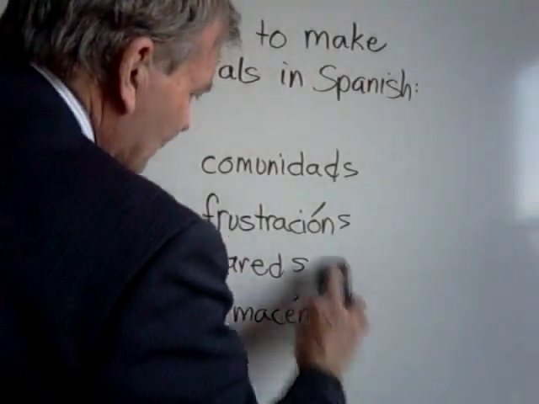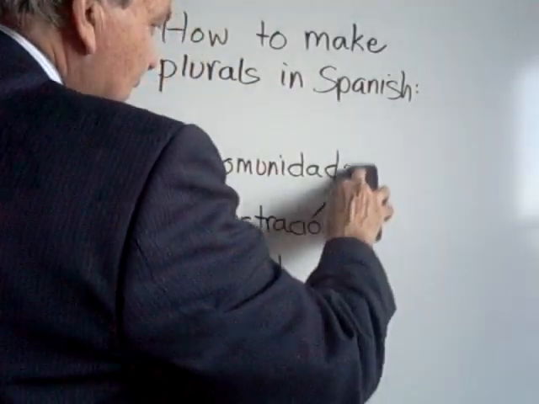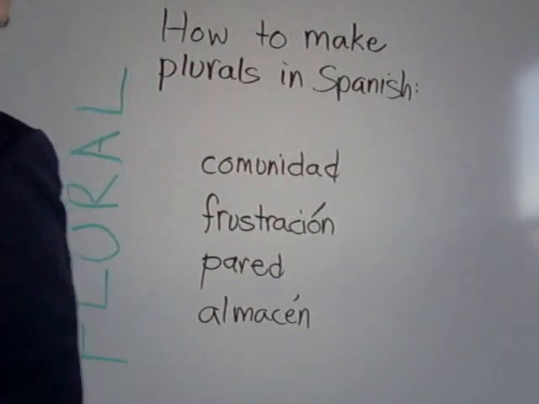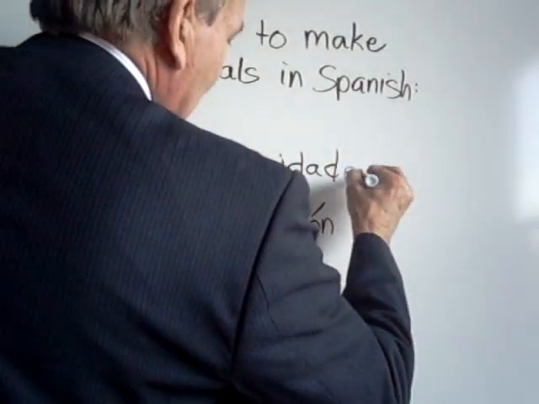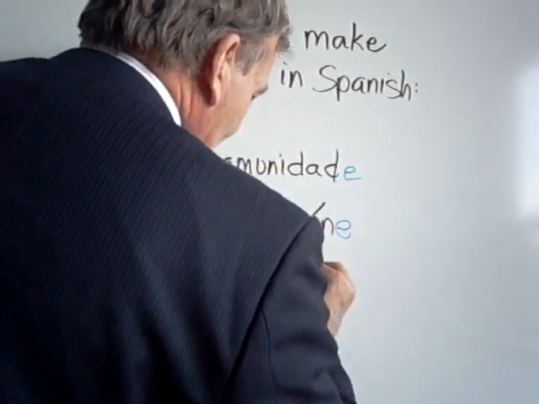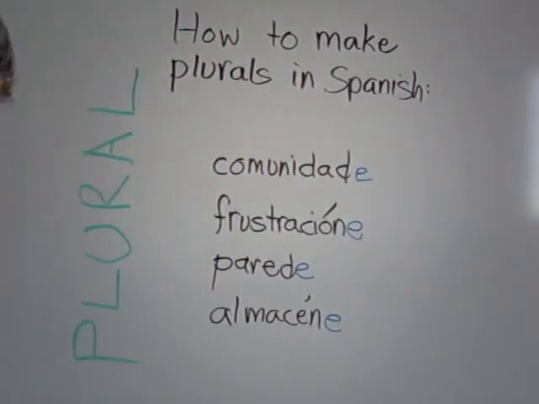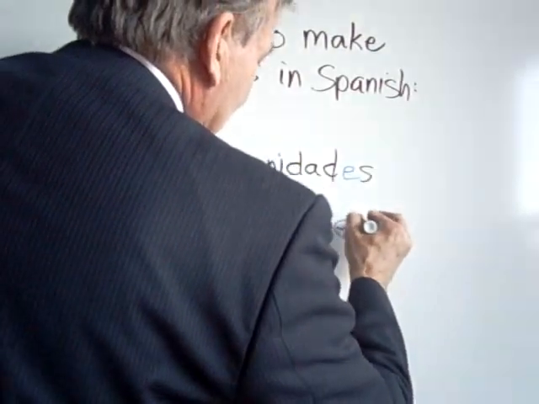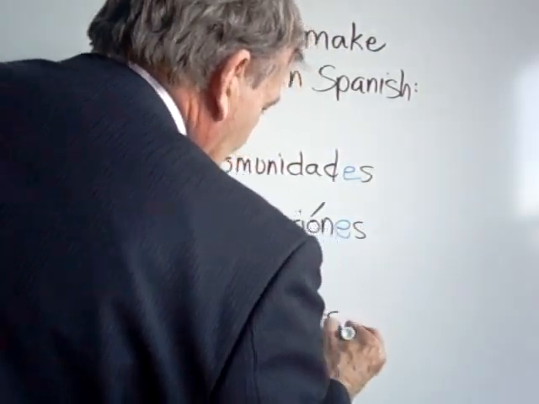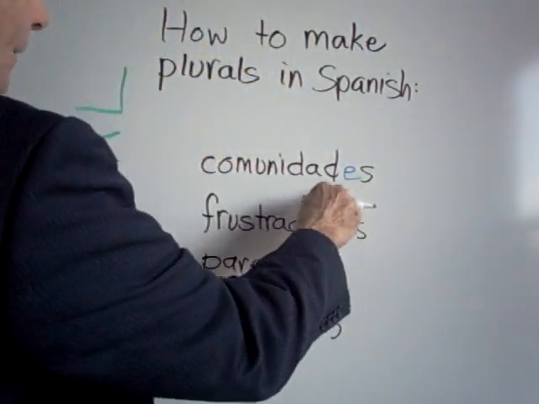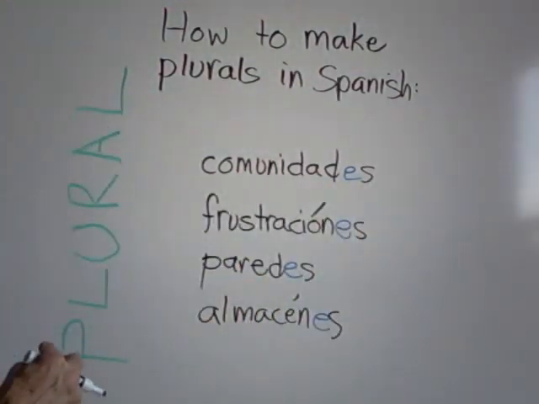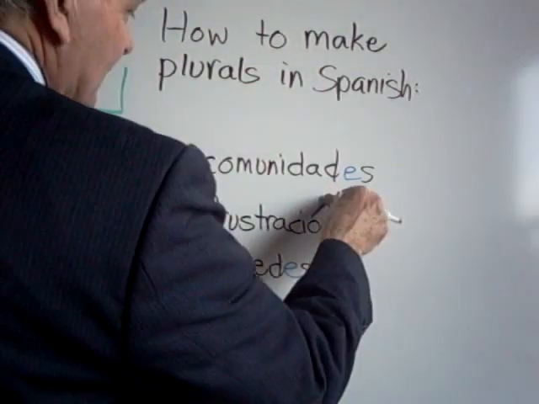So what we do in Spanish is we use a standard spacer vowel. A spacer vowel is one to separate the two sounds from each other. And the default spacer vowel in Spanish is our letter E, which is pronounced E in Spanish. And so we add an ES there. We separate the sound S from the consonant, so we have comunidades, communities.